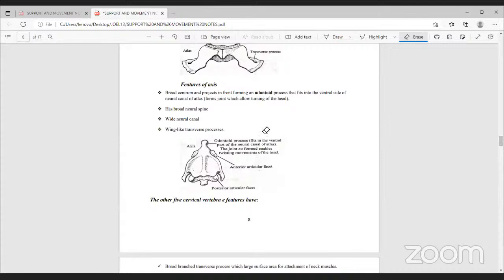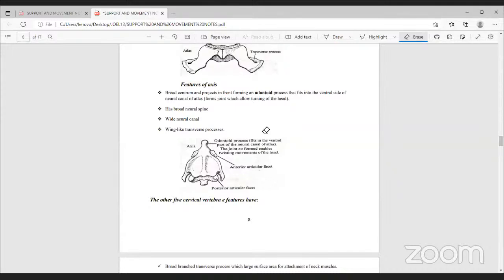So one of the features of the axis is that it has an odontoid process that fits into the ventral side of the neural canal of the atlas.